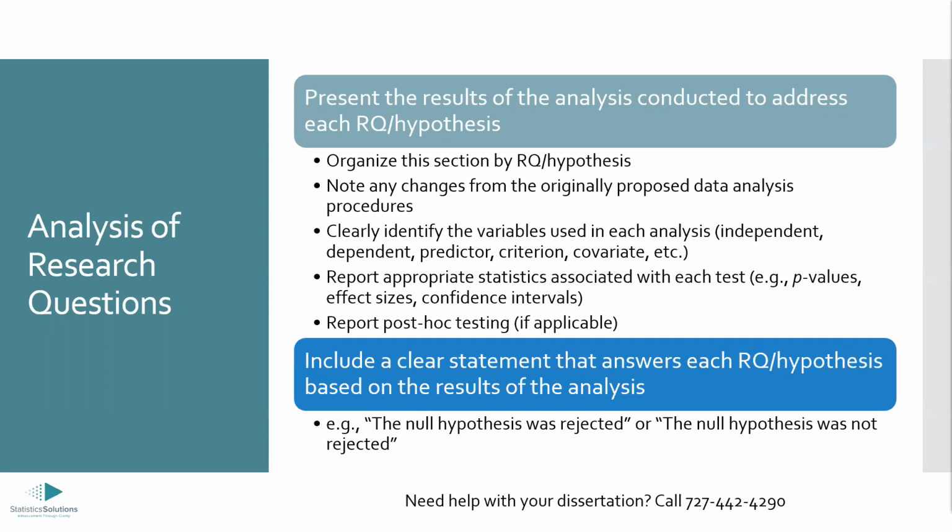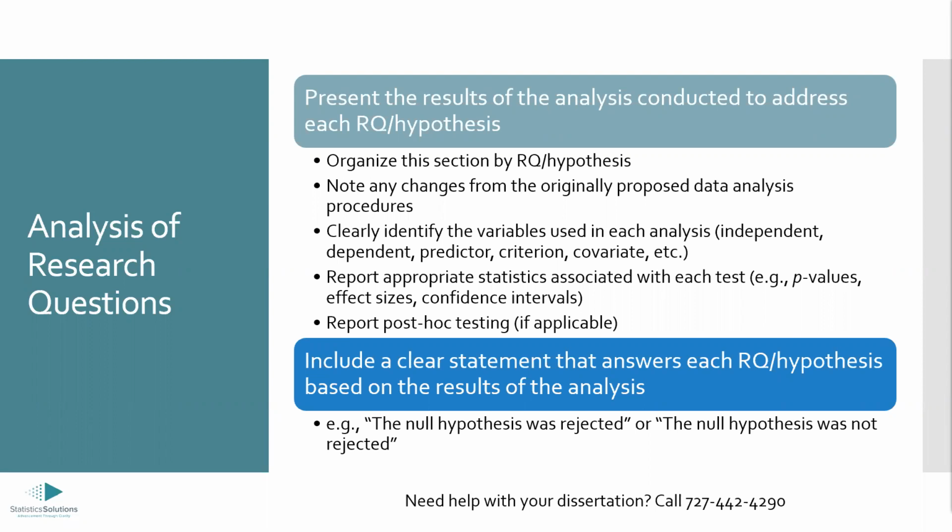You'll want to report the appropriate statistics that are associated with each test. So again, if you're doing something like a t-test, you might report the t statistic, the degrees of freedom, the p-value for the test, and so on, as well as maybe a measure of effect size or a confidence interval.